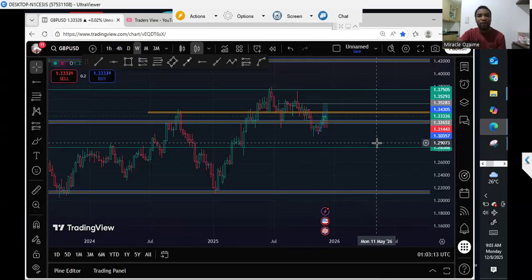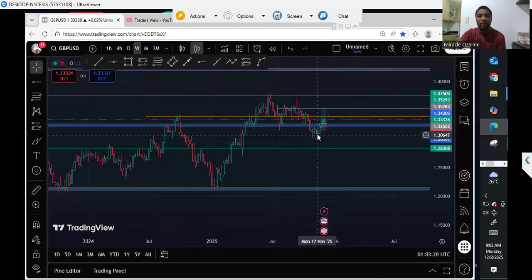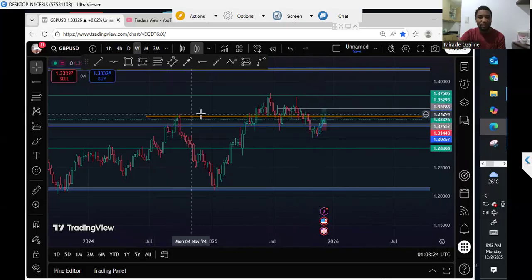So presently I'm looking at this double bottom region as of the moment, because if price breaks this level around this region, then it's a continuation to the upside. But as of the moment, this level can easily push the market downward.